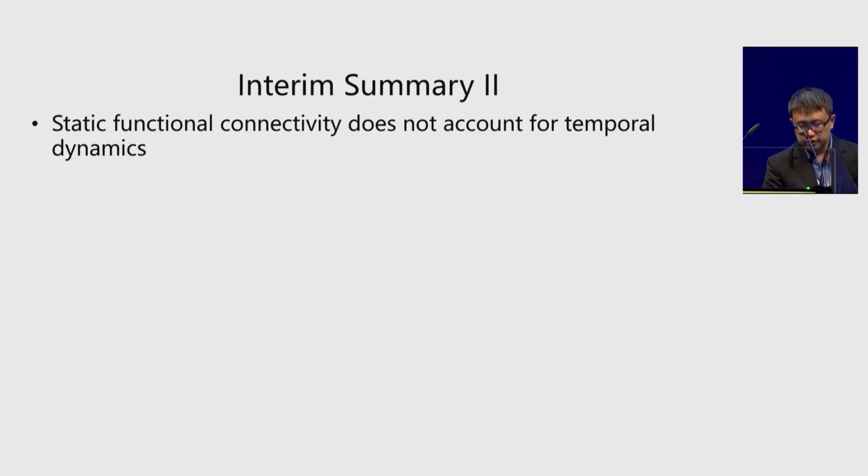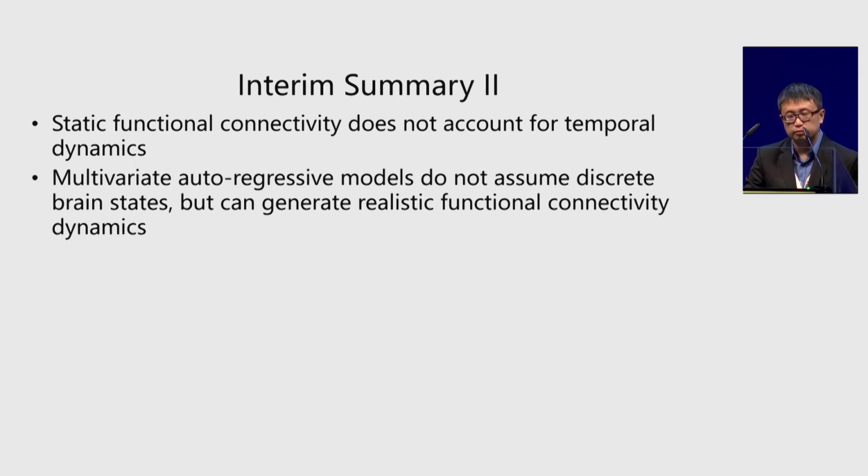So to summarize, static functional connectivity does not account for temporal dynamics. Using sliding windows correlation and all sorts of other approaches, we can explore these temporal dynamics a bit better. The interesting thing is that the multivariate autoregressive model does not assume discrete brain states, but it can generate very realistic functional connectivity dynamics.